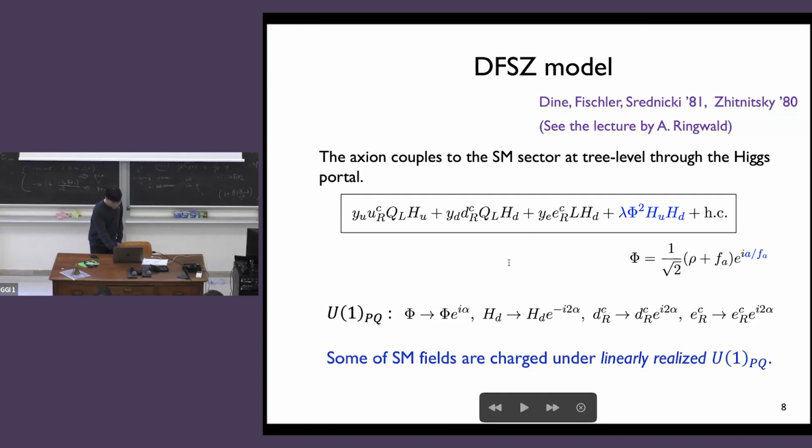And for simplicity, we may consider a simple charge assignment where only the down-type Higgs is charged under Peccei-Quinn. Then by the down-type Yukawa couplings and lepton couplings, the down quark or lepton fields must be charged under Peccei-Quinn symmetry.